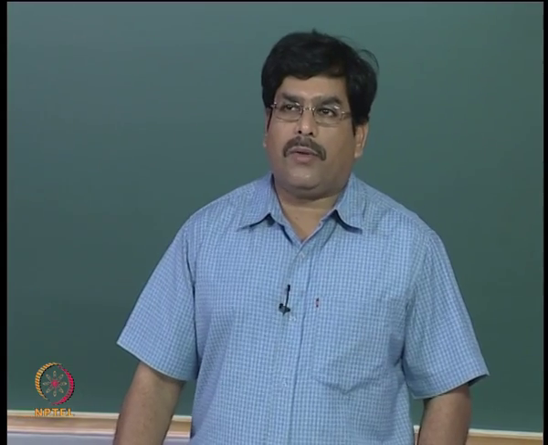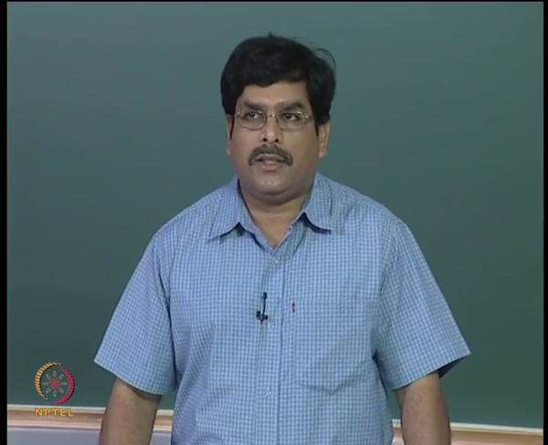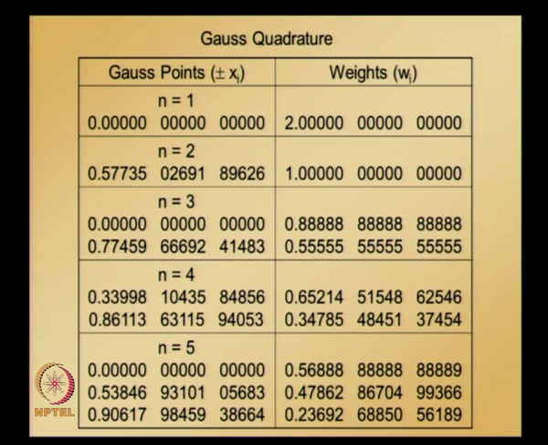When n is equal to 2 is selected, you can see from the table that the Gauss point coordinate is given as 0.57735, then a space, then 0 2691, again a space, 89626.